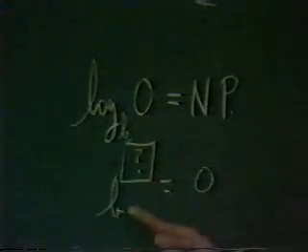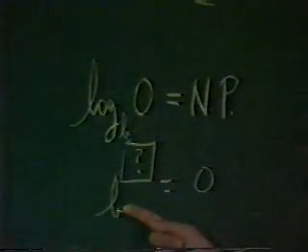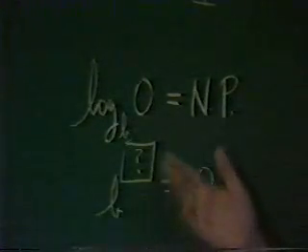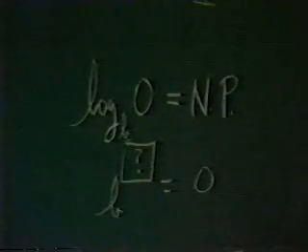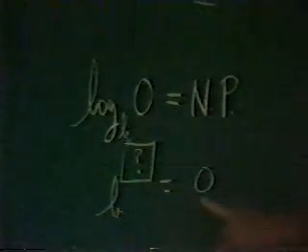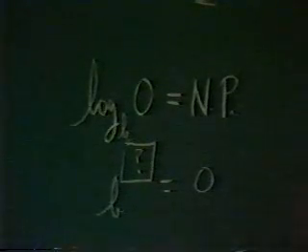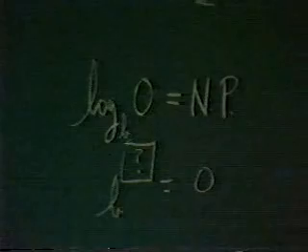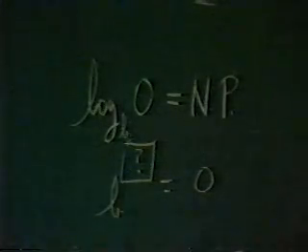Well, there's no way that you can take any positive number and multiply it by itself and get 0. So it's impossible to have the log of 0. It's impossible to have a power to this base to equal 0. So you memorize: the log of 0 is not possible. Okay, next one.